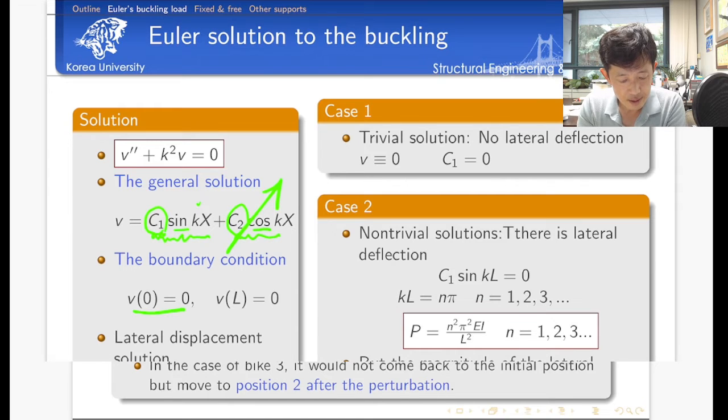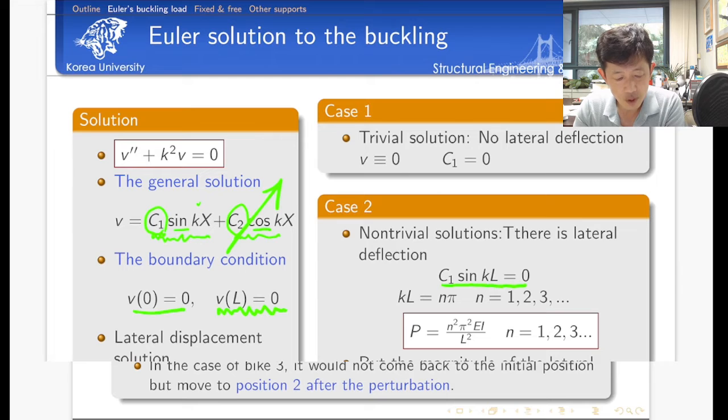Now let's consider the second boundary condition, which says that v at L is equal to 0. If you put v at L equal to 0, C1 times sine kL is equal to 0.